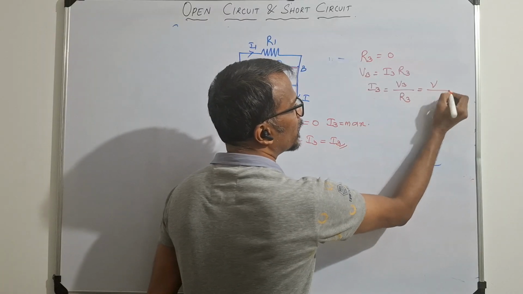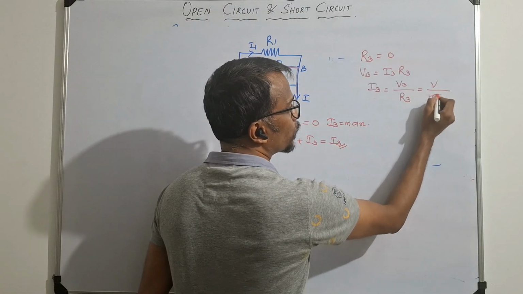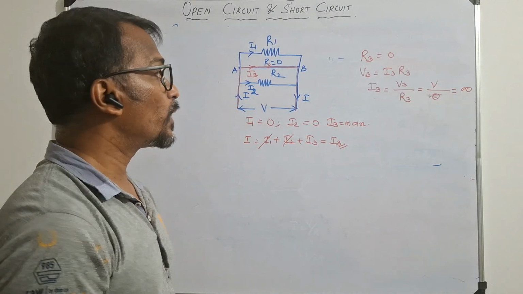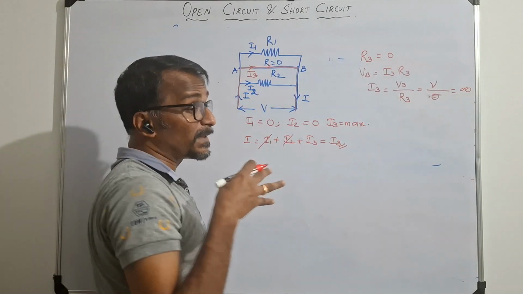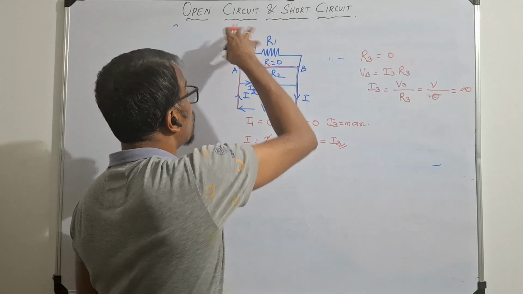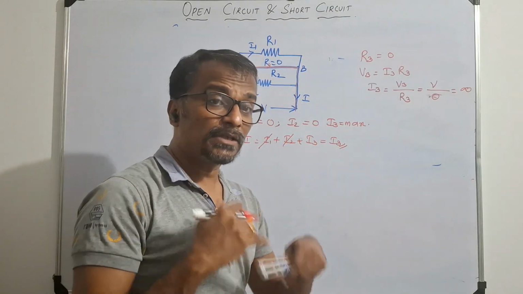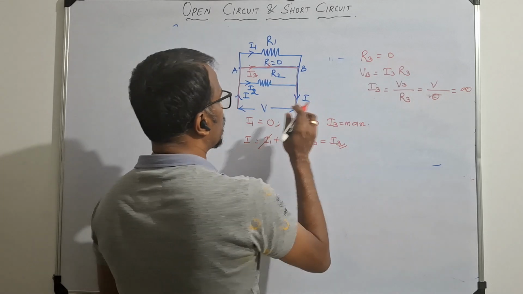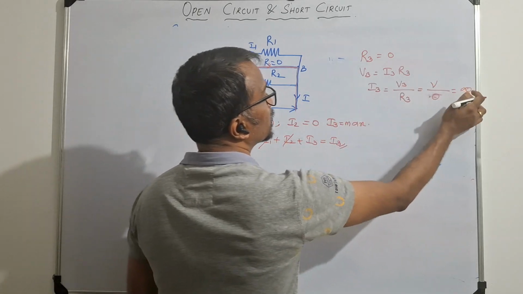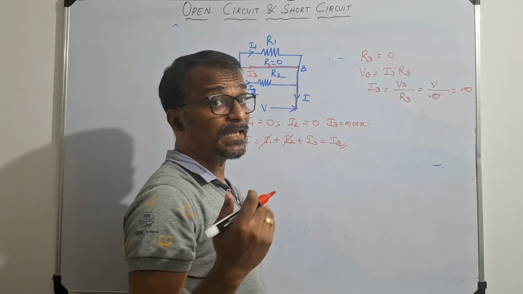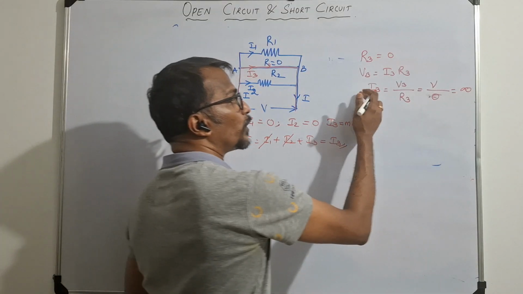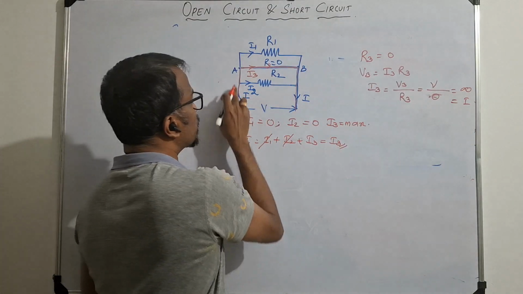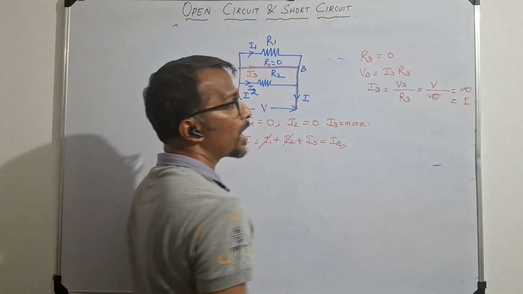So voltage divided by R3, which is 0, and any value divided by 0 is infinity. So in the parallel connection, if a short circuit occurs, all the current will flow through the short circuit path. Therefore, I3 is maximum. Ideally we can say infinity, but practically the maximum current is the current I that is flowing, so we can say I.